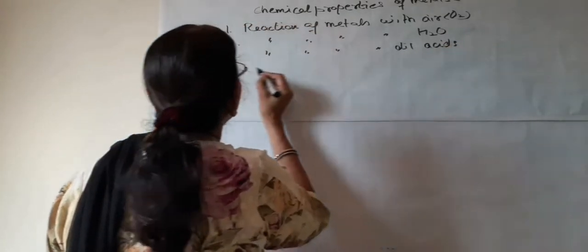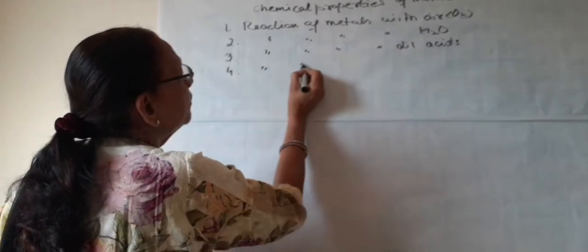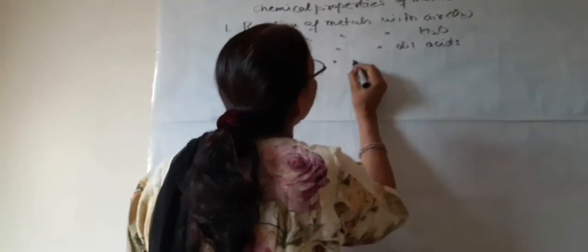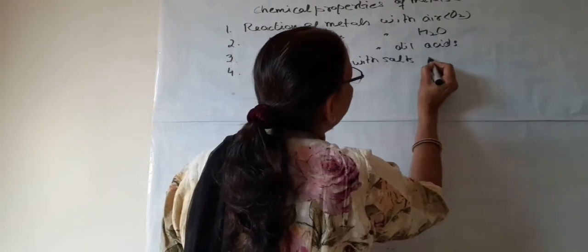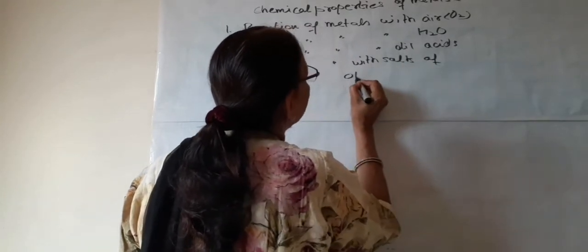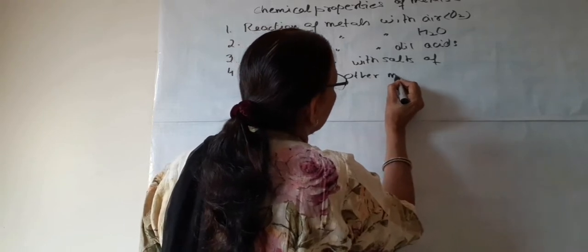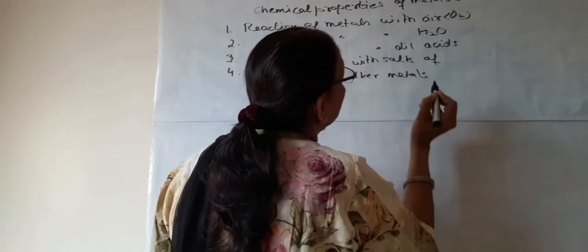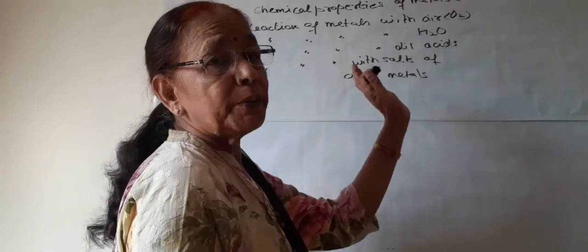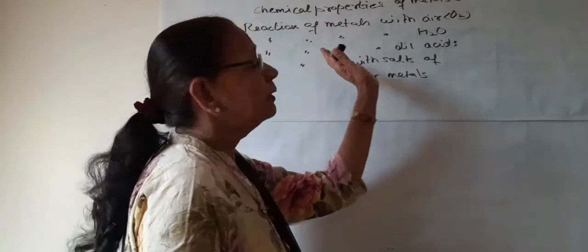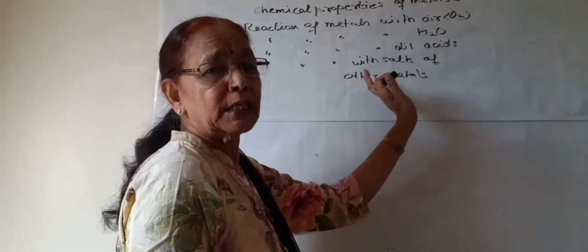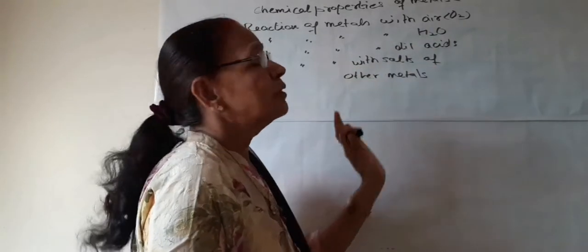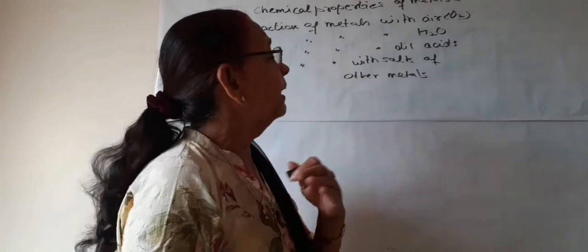And fourth, reaction of metals with salts of other metals. So, under chemical properties of metals, we will learn about the reaction with air or oxygen, with water, with dilute acids, and with salts of other metals.